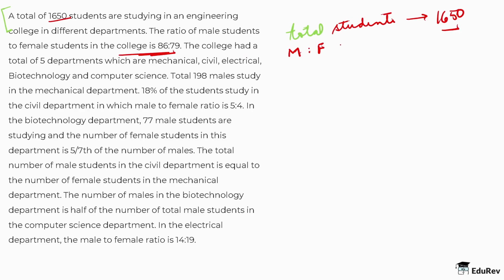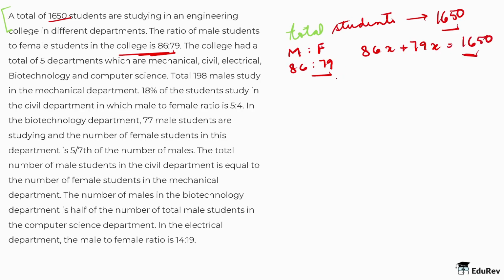So basically what they are trying to say is that 86:79 is the male to female ratio. This implies that the number of male students and female students will be 86 times something plus 79 times something, and that has to be 1650.